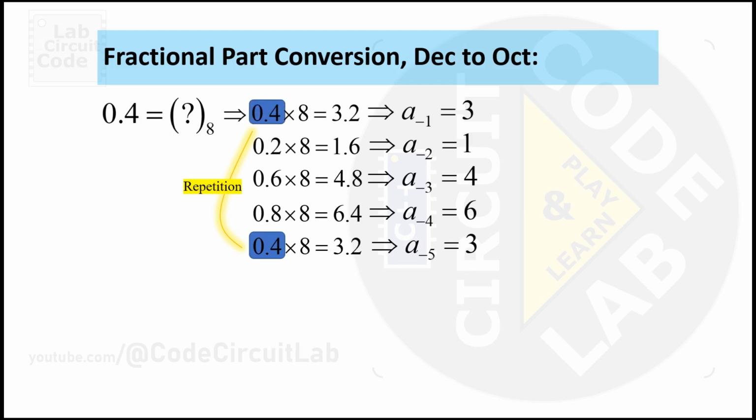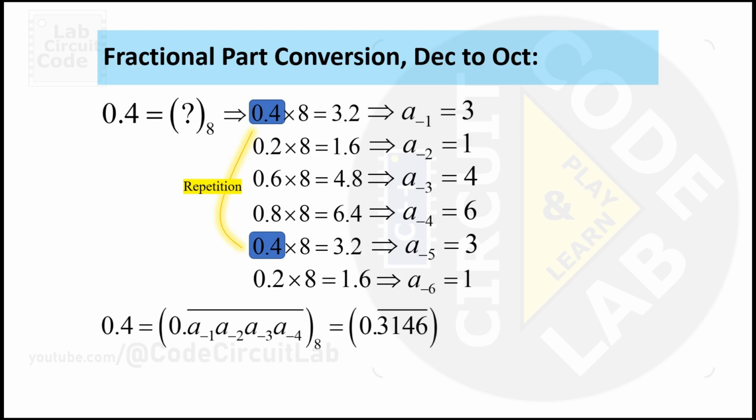So it seems like if we continue our operation, we get repeated numbers over and over. And now we can totally see the repetition process here. 3146 is going to be repeated again and again. So we can write it with a bar over our numbers. The bar shows the repetition.